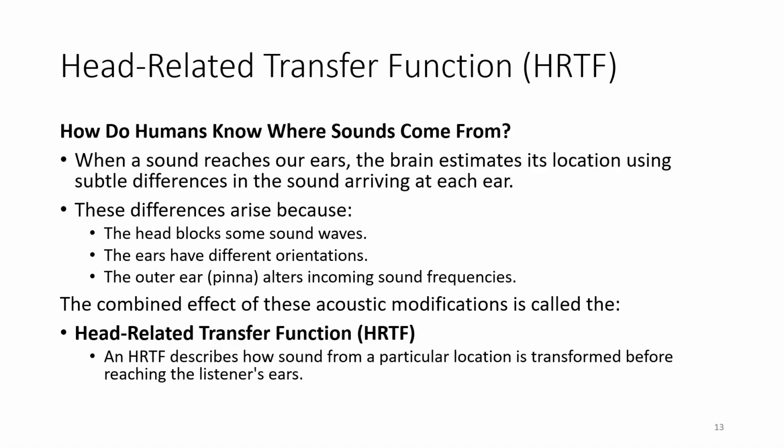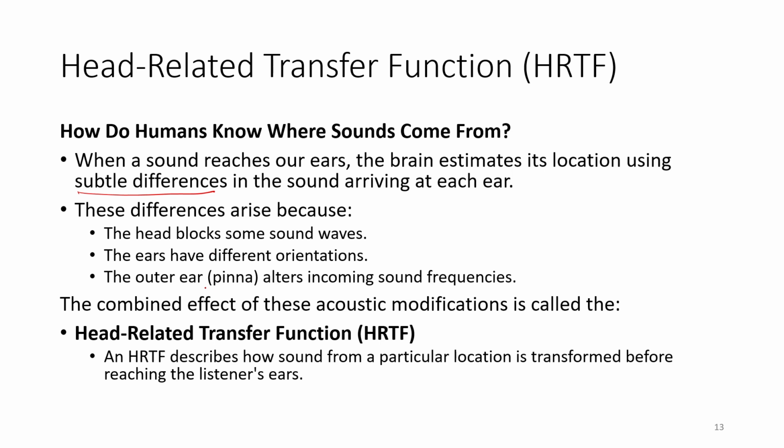Now, let us try to understand how humans know where sounds come from. When a sound reaches our ear, the brain estimates its location using very subtle differences in the sound arriving at each ear. These differences are because the head may block some of the sound waves, the ears are pointed in different directions, and the outer ear alters the incoming sound frequencies as well.